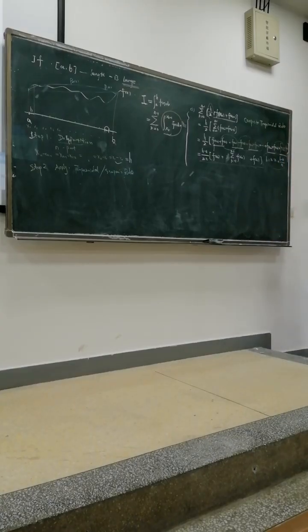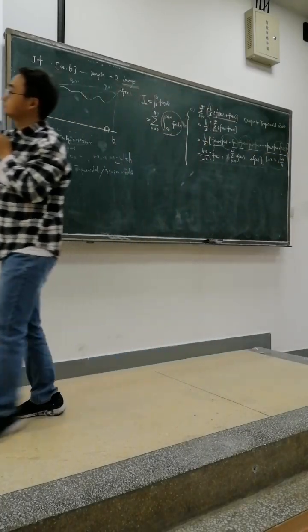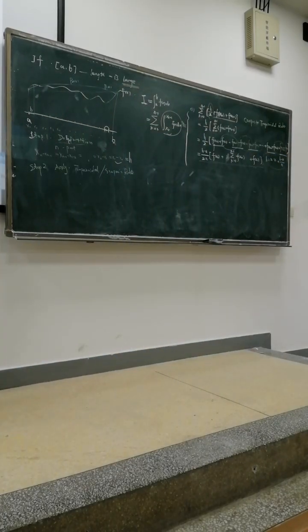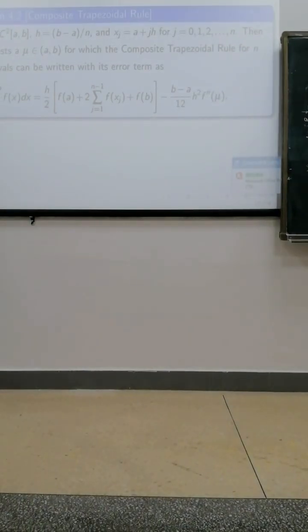Here is the composite trapezoid rule, for the long length numerical integration, right? So this is clear. The residual error discussion will be shown later. Okay.